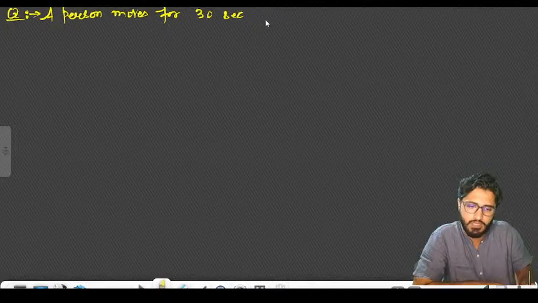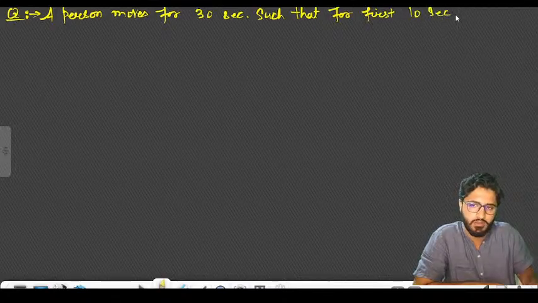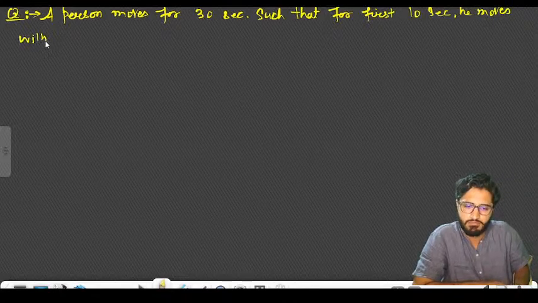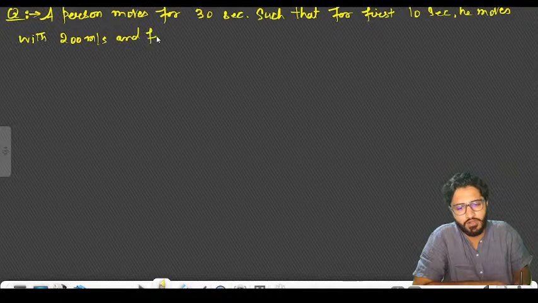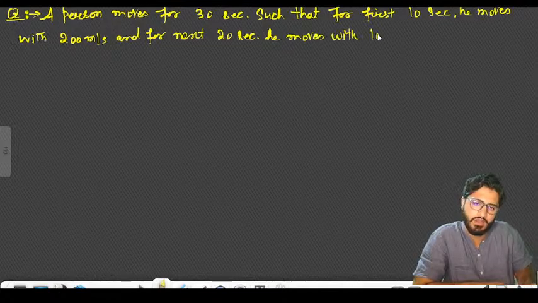Write with me: a person moves for 30 seconds such that for the first 10 seconds he moves with 200 meters per second, and for the next 20 seconds he moves with 100 meters per second.